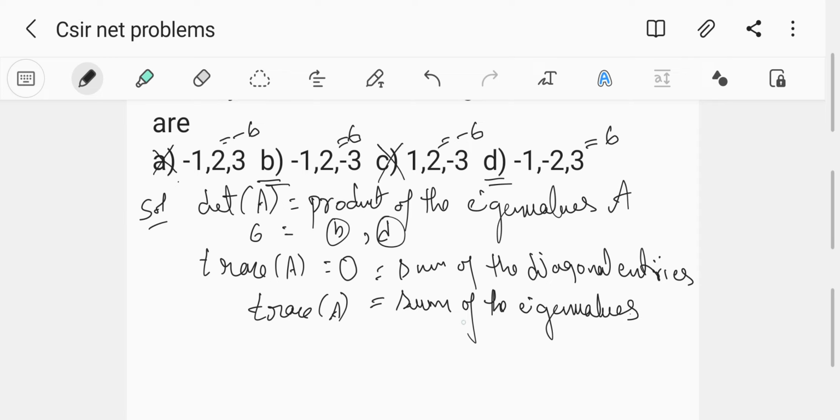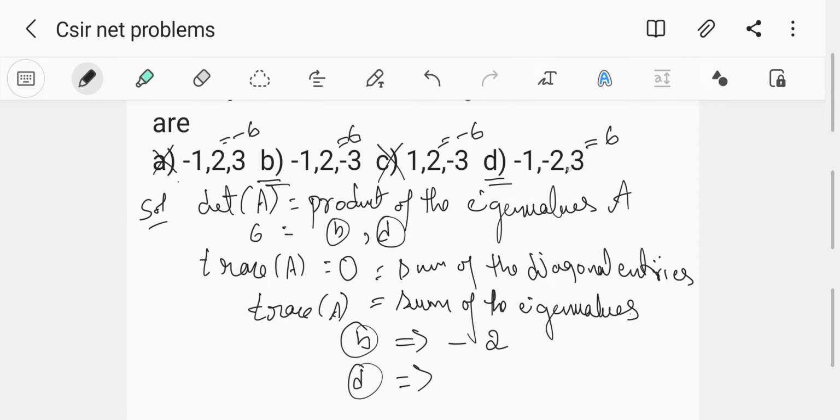So let's check for option B. Adding the eigenvalues of option B, minus 3 minus 1 is minus 4, plus 2 gives minus 2. So option B gives minus 2. What about option D?